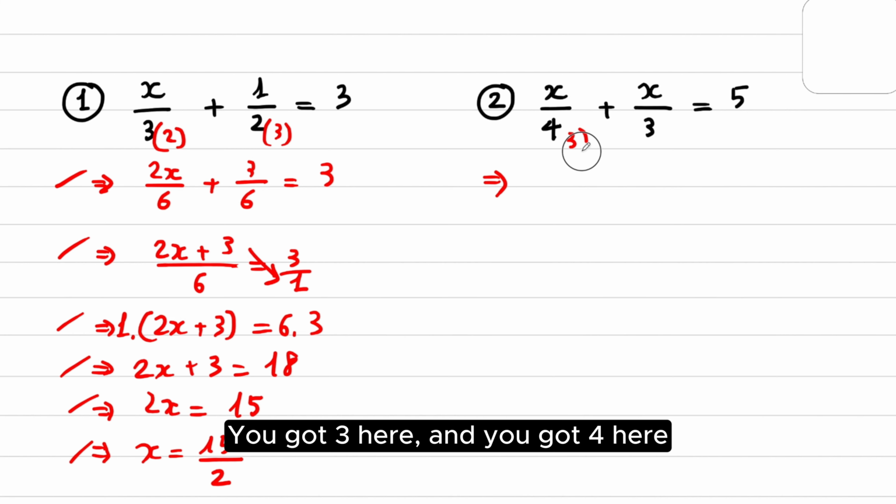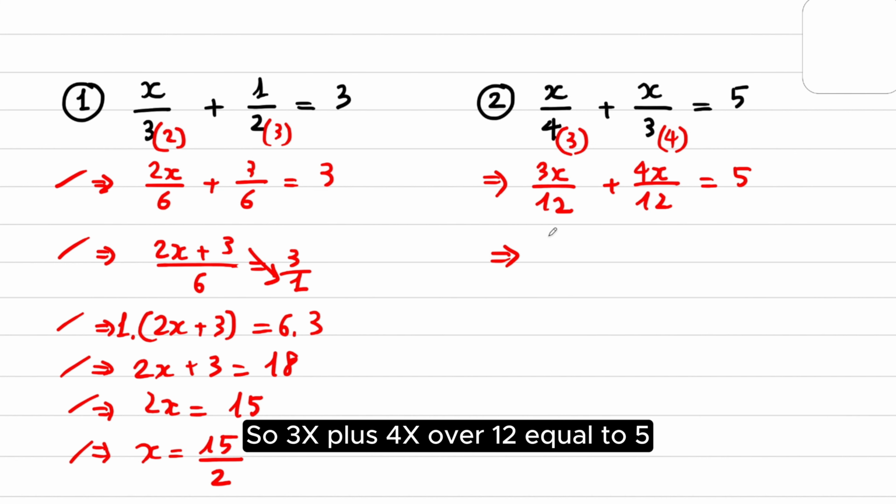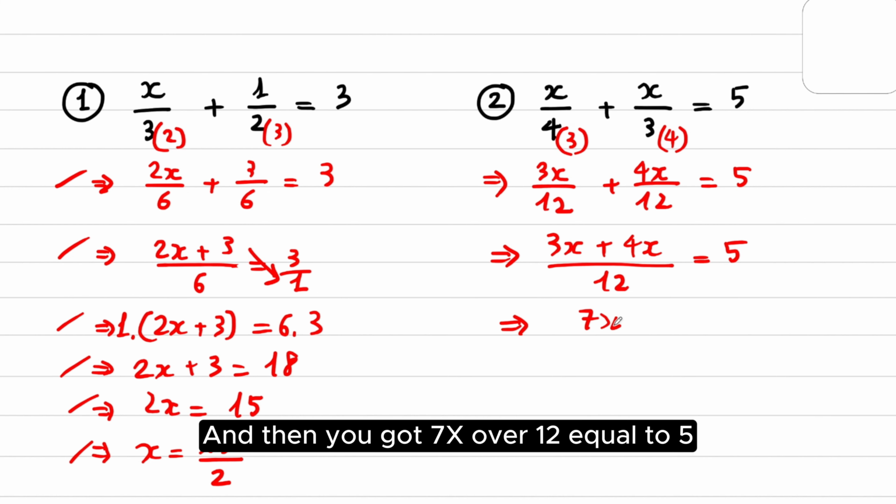You got 3 here, you got 4 here, and 3x over 12 plus 4x over 12 equal to 5. Yes, so (3x + 4x) over 12 equal to 5. And then you got 7x over 12 equal to 5.